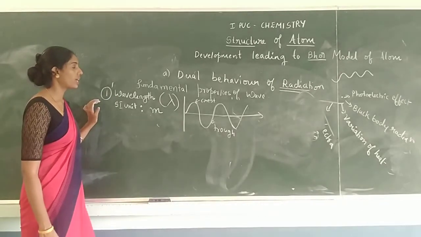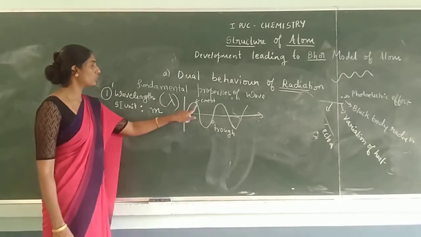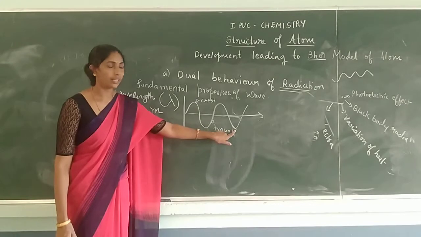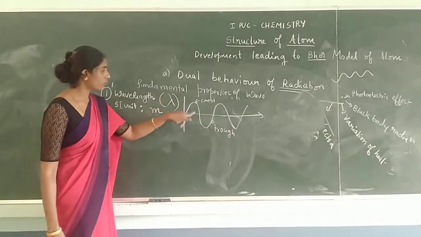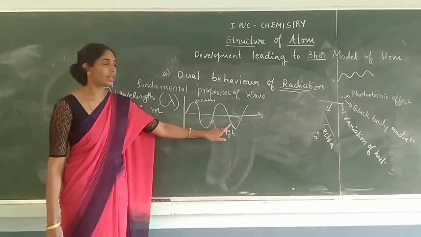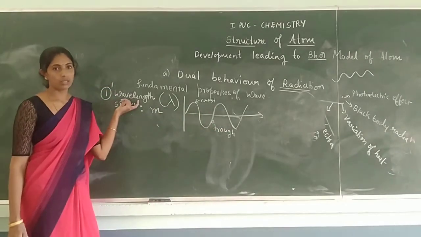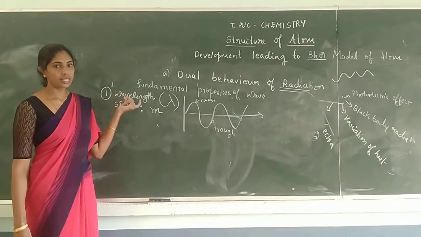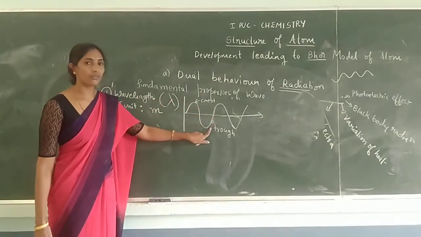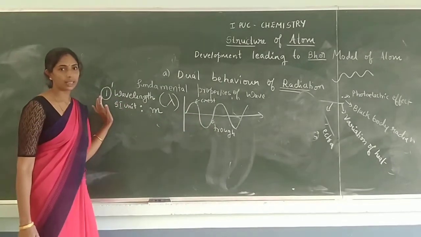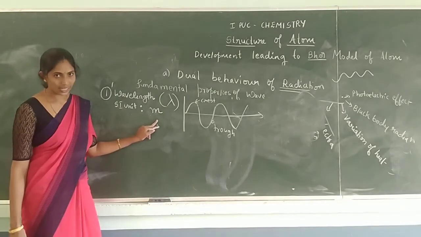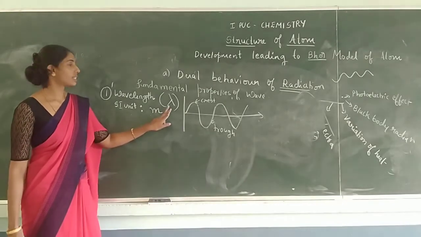Wavelength is the distance between two successive crests or successive troughs. What is the wavelength? Distance between the successive crest and trough is called wavelength. It can be given in terms of meter, usually in nanometer, and it is given by the symbol lambda.